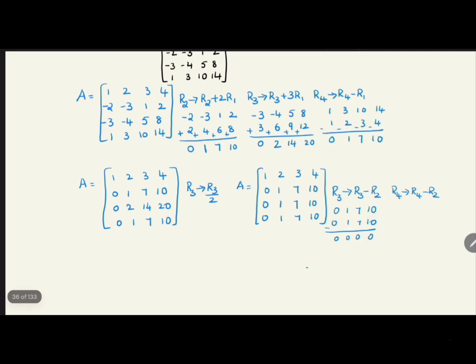In the same way, R4 is 0, 1, 7, 10. R2 is 0, 1, 7, 10. We'll get 0 after subtracting. Now I'll replace this. A is equal to 1, 2, 3, 4, 0, 1, 7, 10. R3 is made 0. Okay, R4 is also made 0.